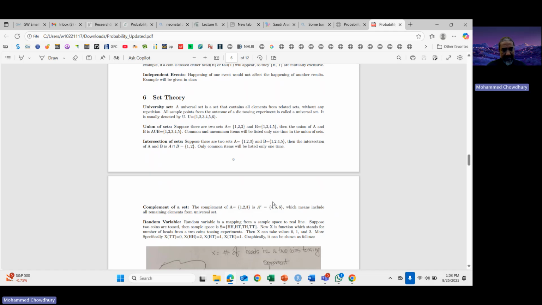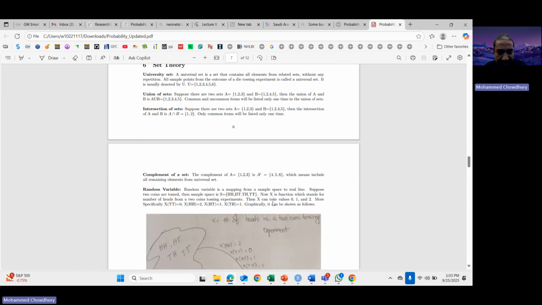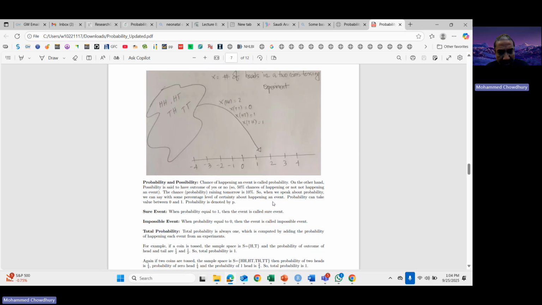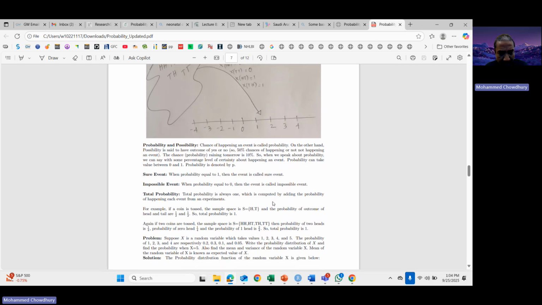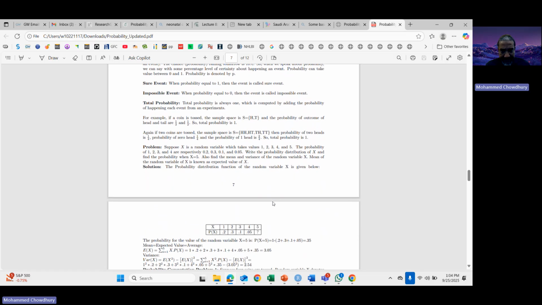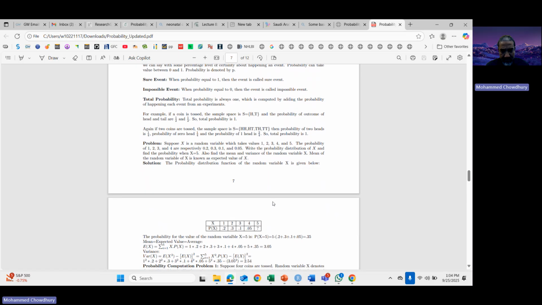Union of two sets, intersections of two sets, and then complement of a set, and then random variable, what is probability and what is the difference with possibility, and then sure event, impossible event, total probability.